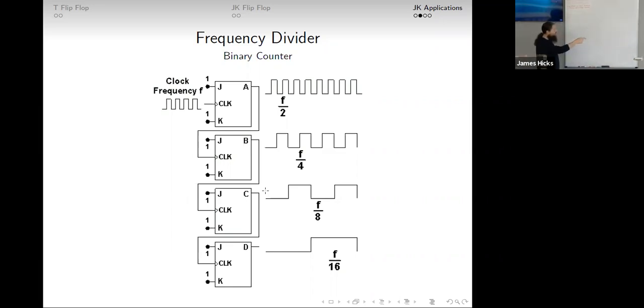It's toggle gates in series with each other, where the output of one toggle gate becomes the clock of the second. So this becoming this one's clock is effectively the thing that's dividing down the frequency. This thing here is also a binary counter.